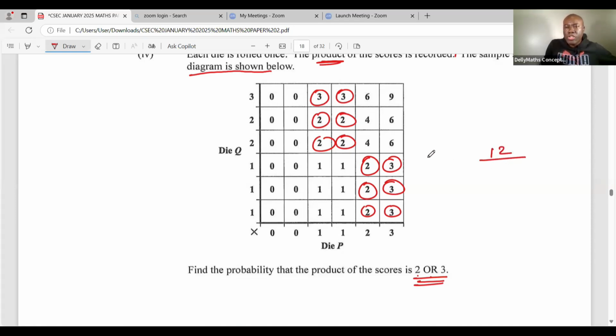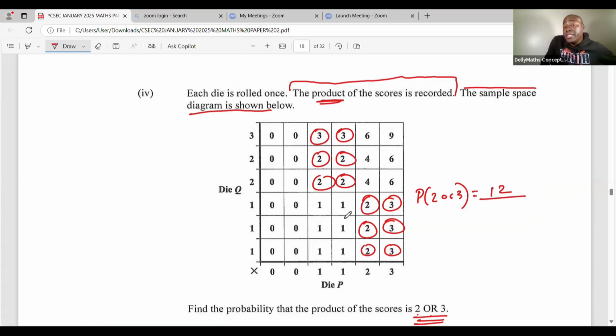So it is 12 out of how many? We're looking at the probability for 2 or 3. It is equal to 12 out of a total of 36, because take a look. If I count off these spaces, 1, 2, 3, up to 36.